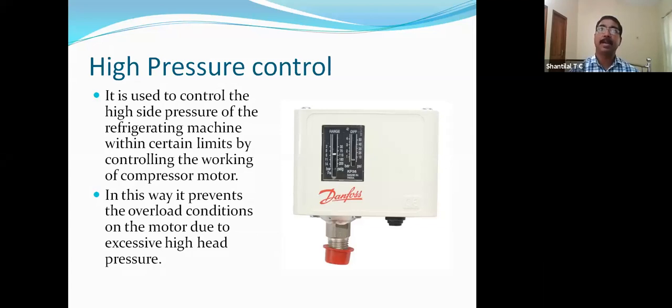If the pressure increases above the limit, our limit being 200 psi, which is today's example, what happens? This high pressure cutout stops the motor and protects the system. When the pressure comes back to normal, what happens? It starts the system. In this way it is controlling.